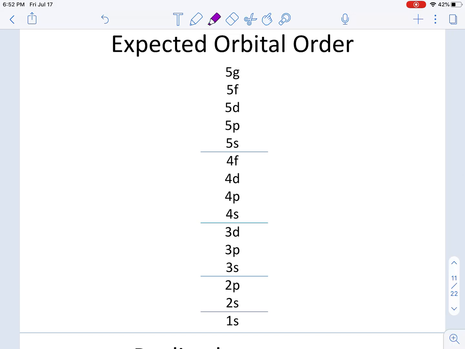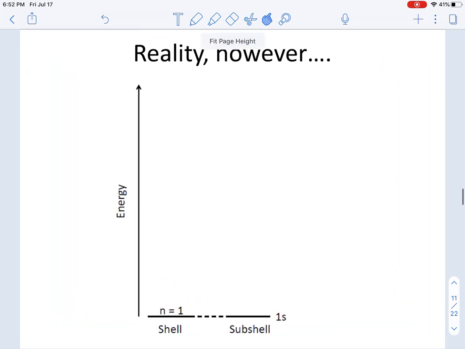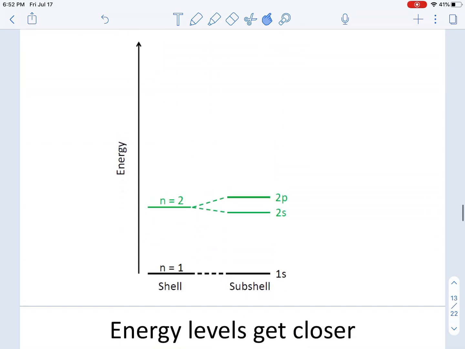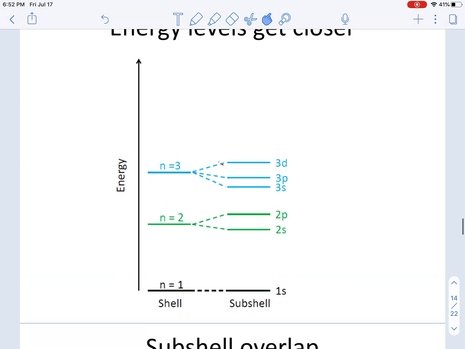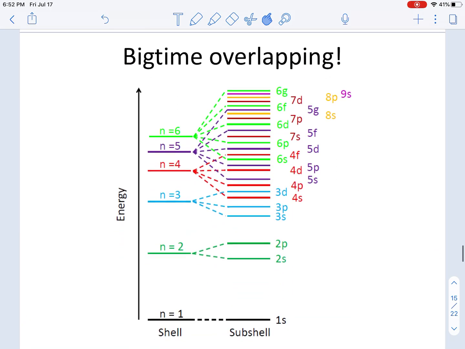Now again, we expected the orbital order to go in the typical order, the 1s2, 2s2, 2p6, and so forth and so on, all the way up. But remember that because of overlap and subshell split, those subshells begin to take a different order of things.